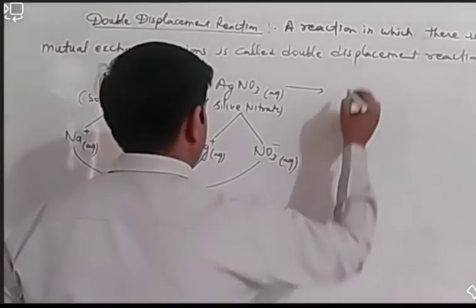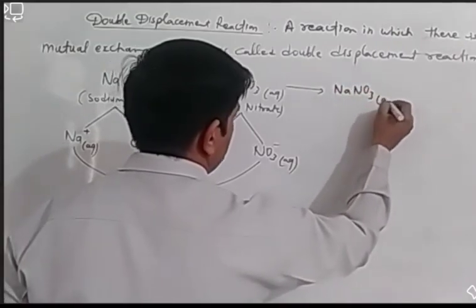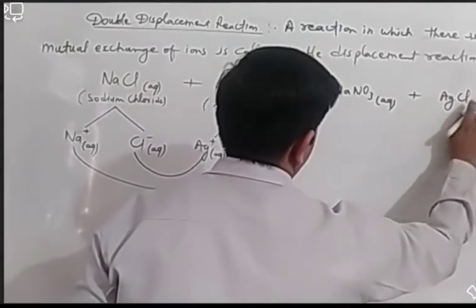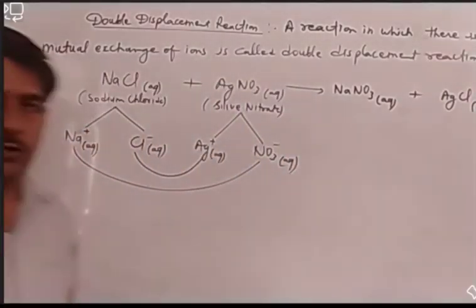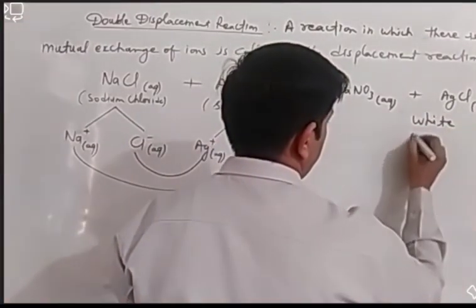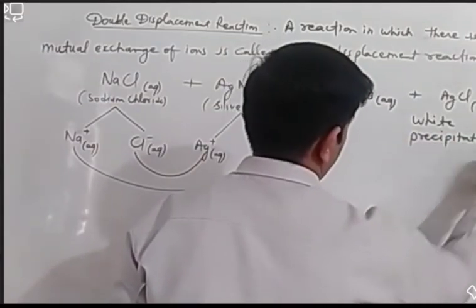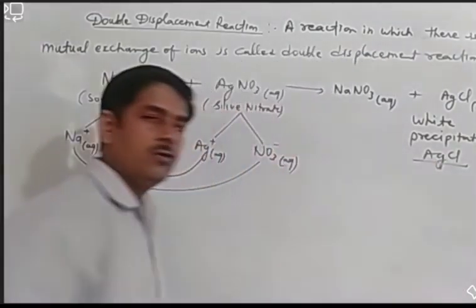So they will form NaNO3 (aq) and AgCl precipitate. PPT means precipitate, so there will be a formation of a white precipitate of AgCl.